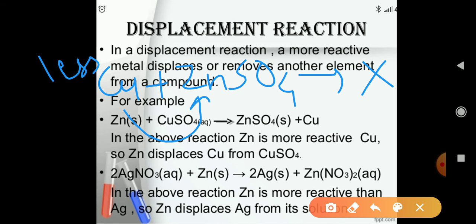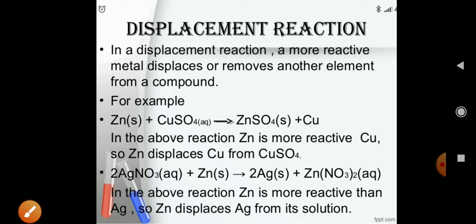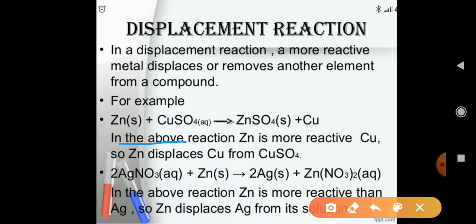In the above reaction, zinc is more reactive than copper, so zinc displaces copper from copper sulfate. Then the second example: silver nitrate, that is AgNO3, plus zinc, gives 2Ag plus Zn(NO3)2.